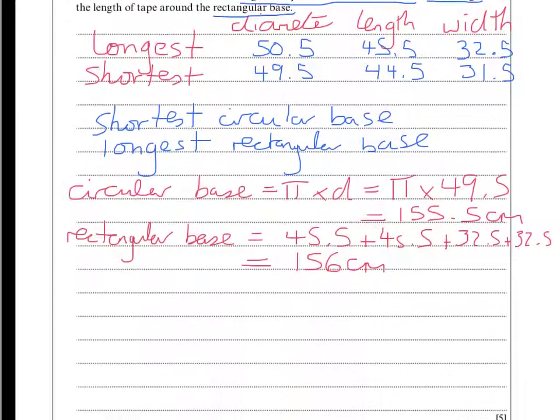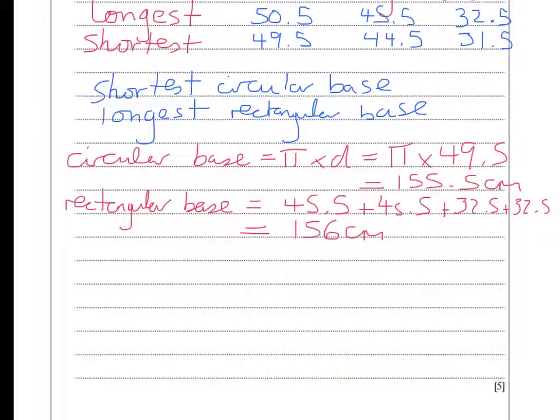So that means the longest our rectangular base can be, 156 centimetres, is bigger than the shortest the circular base could be, which was 155.5 centimetres.